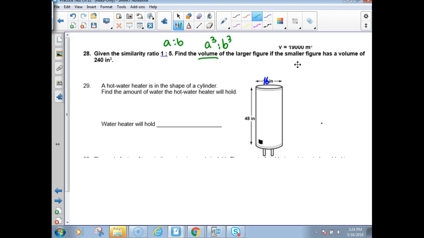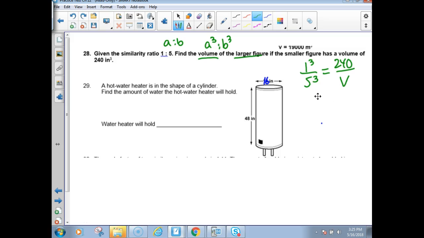So first step, take 1 and cube it, take 5 and cube it. And write a proportion. It says, find the volume of the larger figure, so that's going to be on the bottom. I'm going to use a V, and then up here would be the 240. And you can just cross multiply and divide now.